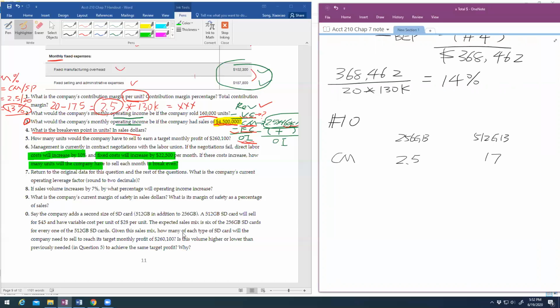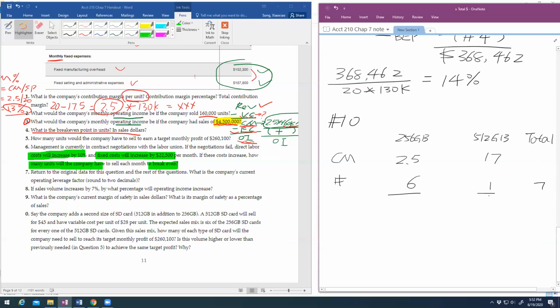And then the mix. Let's read how many of each will be sold. The expected mix is 6 of the first for 1 of the second. So the number will be 6 and 1, and the total basket will have 7 units.